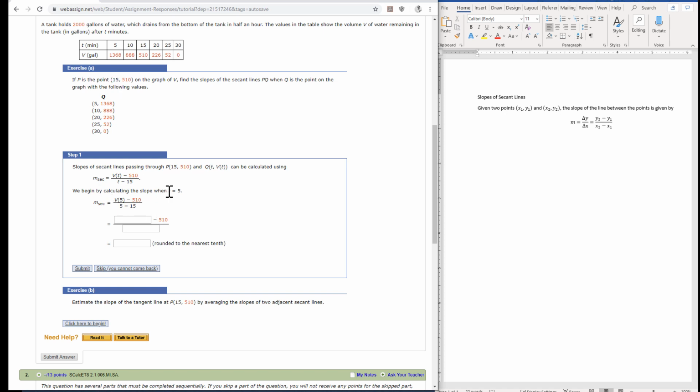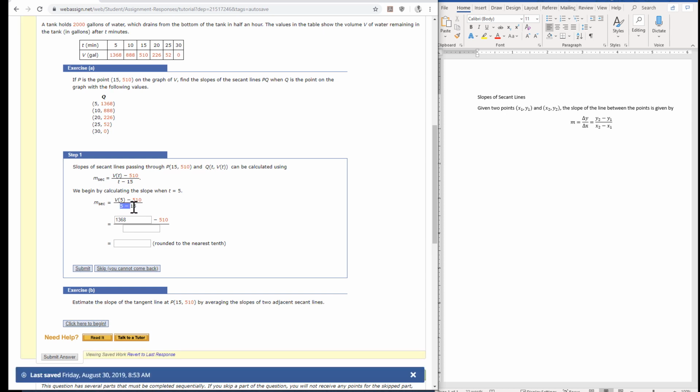So we begin by calculating when t is equal to 5. We're going to put 5 in for t into the function. We don't really have a function formula, but we have the table here, and when t is equal to 5, our function is 1368.